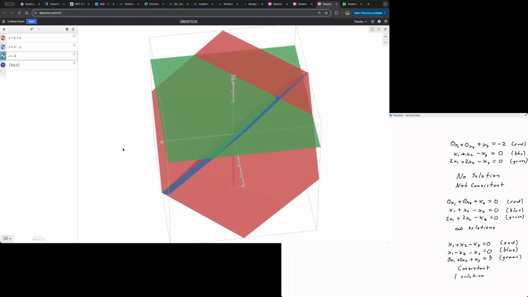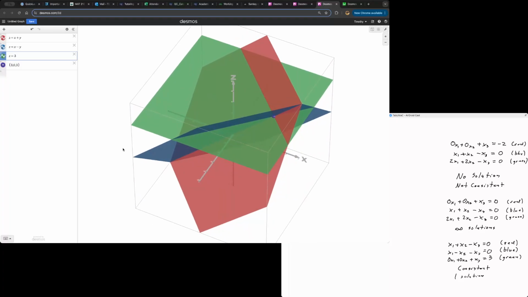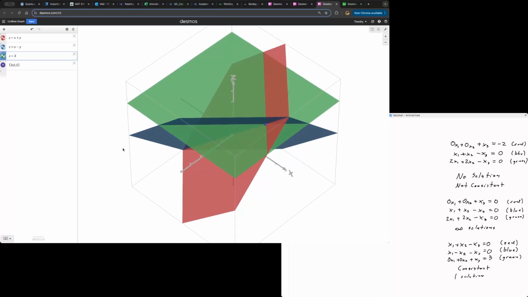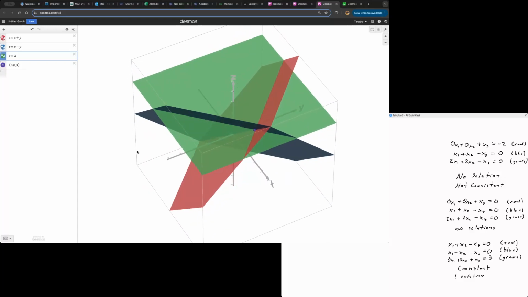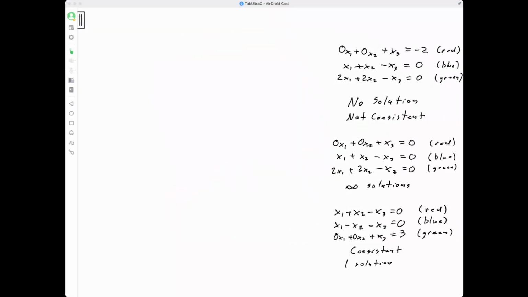I want to look at each of these situations and see what happens when we work with them, not graphically, but by working with them directly on paper. How can we calculate with these?